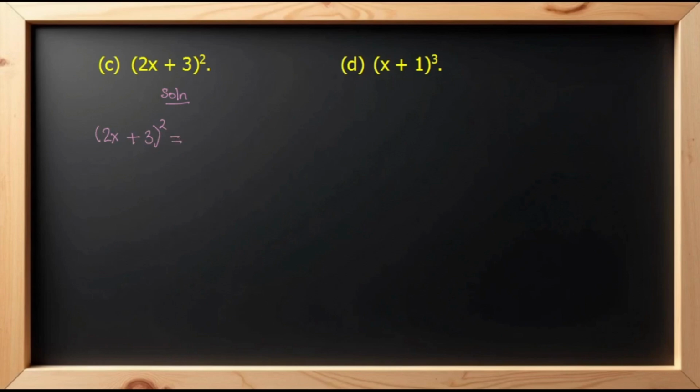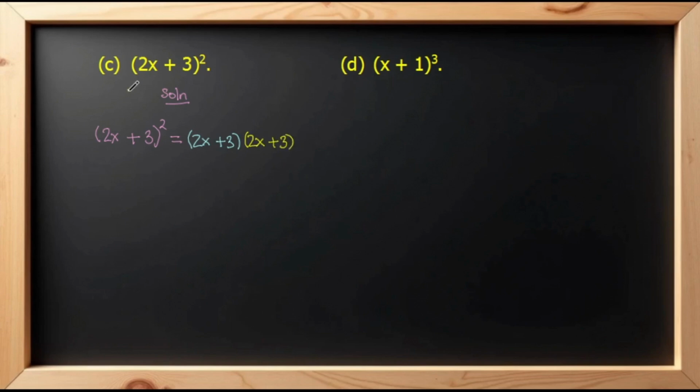We can rewrite this one, expanding it into two parts: the first part is 2x + 3, and we're repeating itself by also 2x + 3.